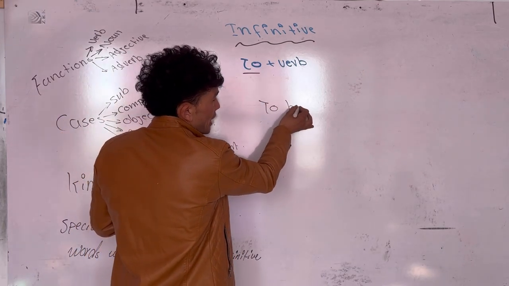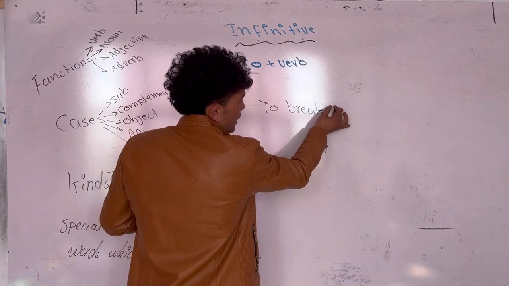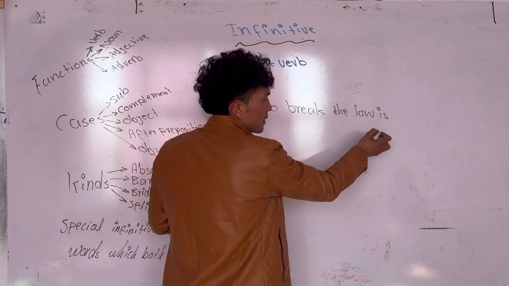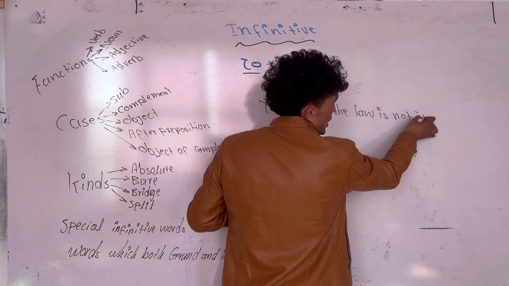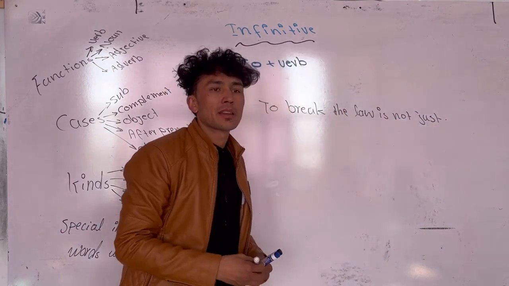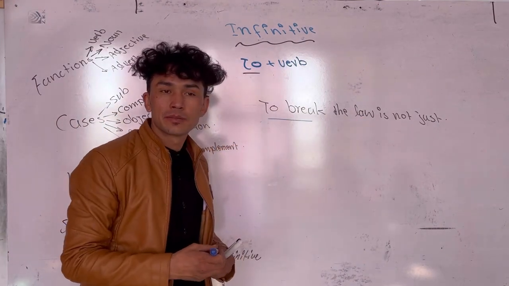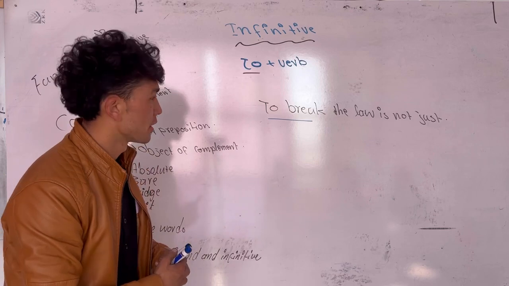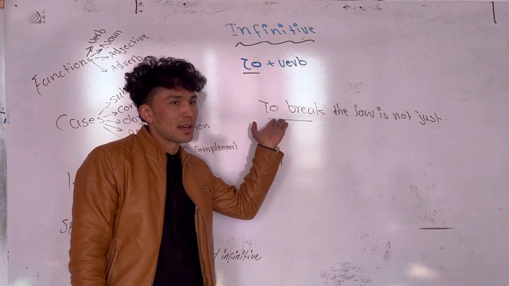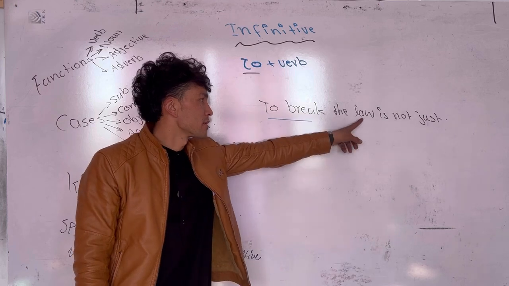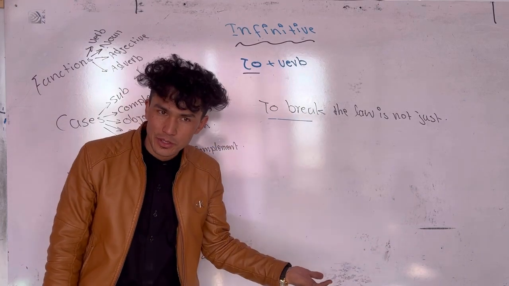Okay, to break the law is not just. Look at this one. Now, what is to break? To break is an infinitive, which is used as a noun, as a subject. Break is a verb. Do you understand?